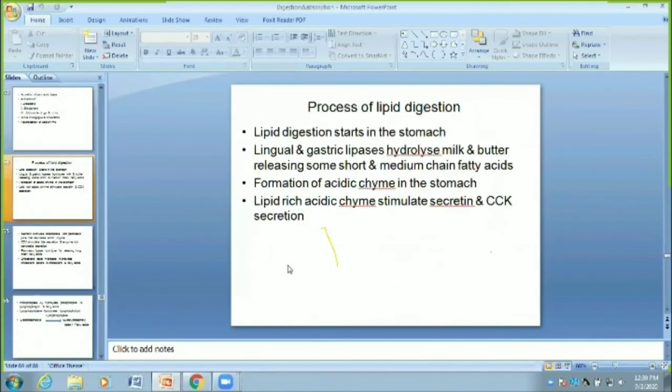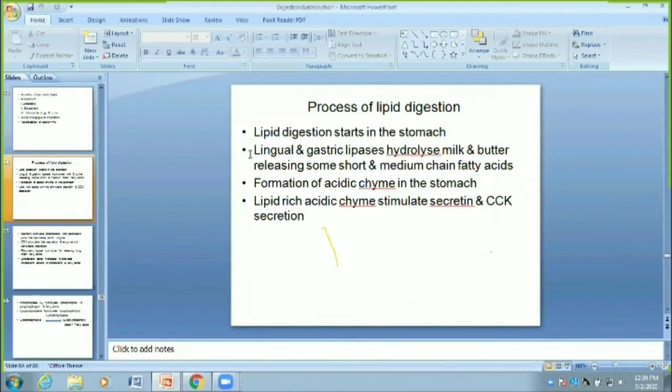the process of lipid digestion. Lipid digestion starts in the stomach. Enzymes responsible are acid stable lipases. Lingual lipase, secreted from Ebner's gland mixed with saliva, is responsible for hydrolysis of butter fat, the short and medium chain fatty acids.